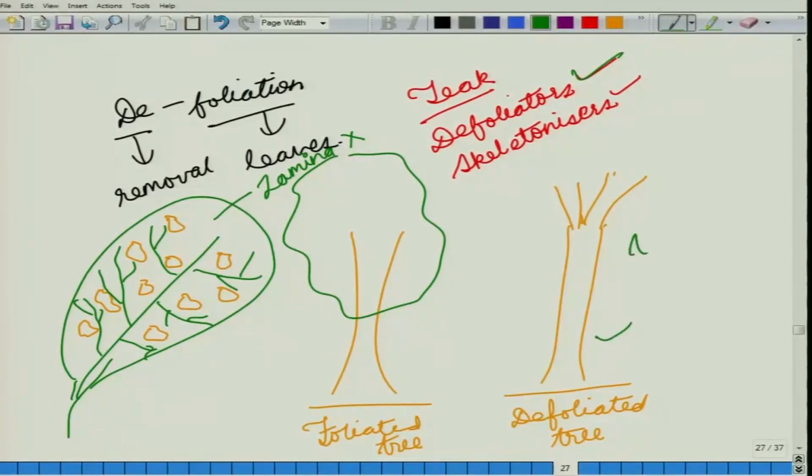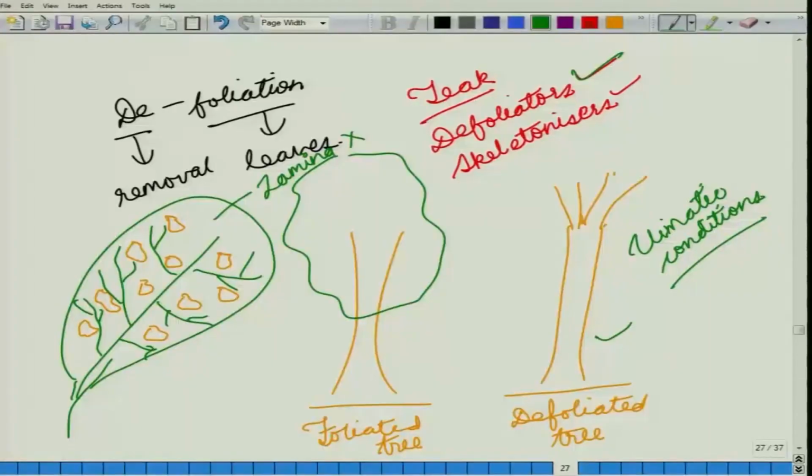Also, some climatic conditions might result in defoliation. For instance, in the case of a deciduous tree, if it is exposed to a dry spell, then it will shed all its leaves as a way of conserving moisture. So, that can also lead to defoliation. Another thing that can result in defoliation is some chemicals.